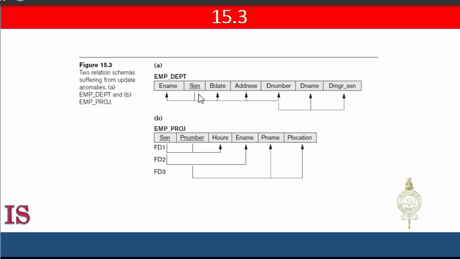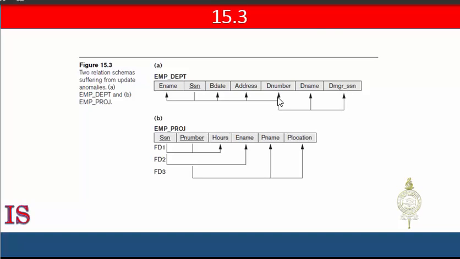The dependency of Social Security number determines department manager Social Security number is transitive through the department number in the employee department table in Figure A. Because both the dependencies of Social Security number determines department number and department number determines department manager's number hold.